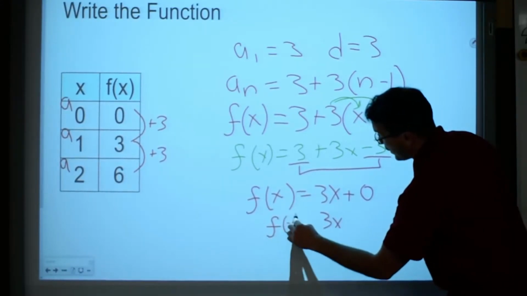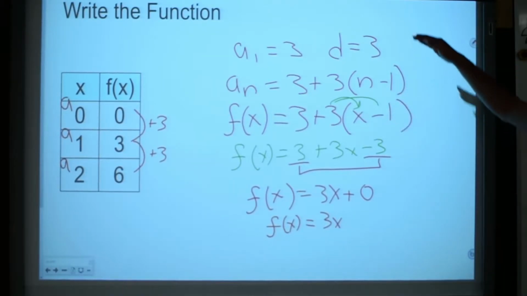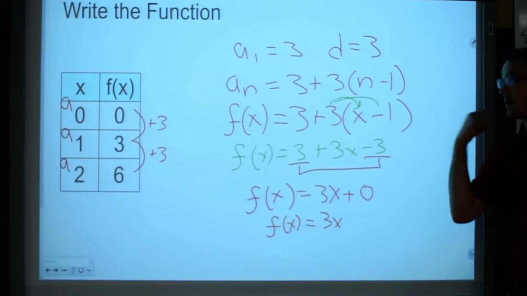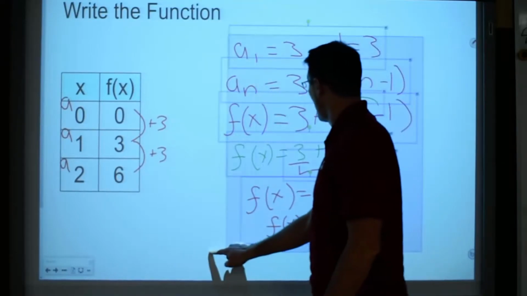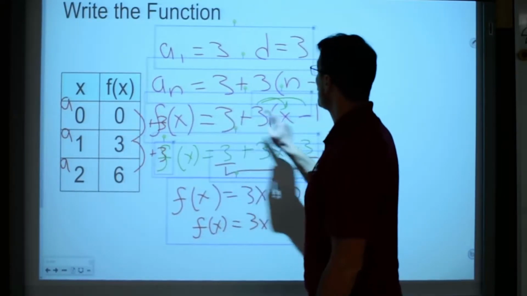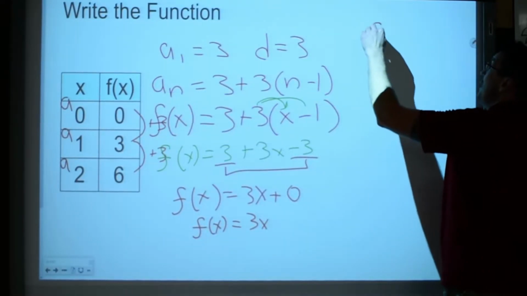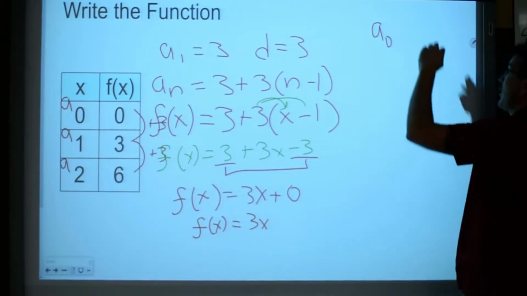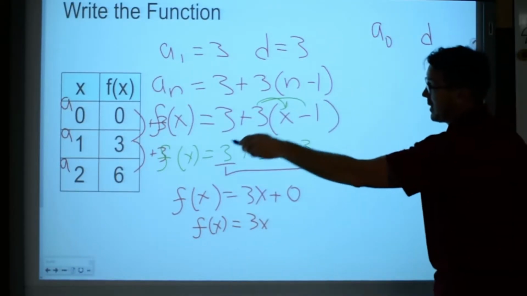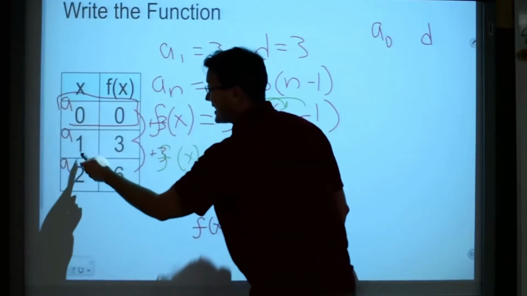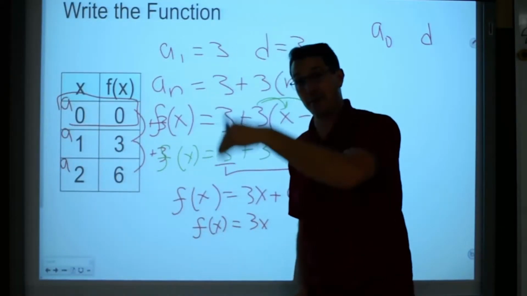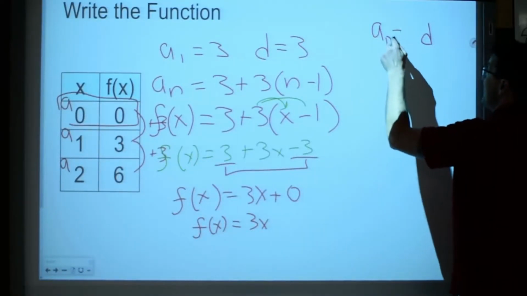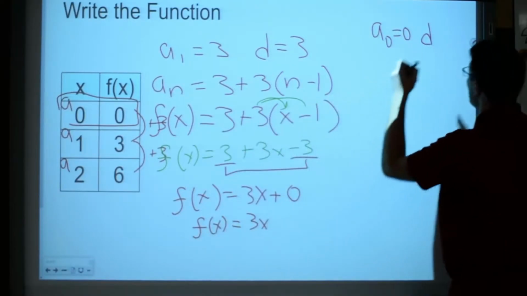So that's pretty straightforward. Now, I'm saying you can turn this into a function this way, but if you paid attention a second ago when I gave you that formula, to find a function, I need the zero term, or the initial amount, and the difference. Well, I know my zero term, and even if I didn't, I could probably go back and find it. It is 0, and my difference is still 3.